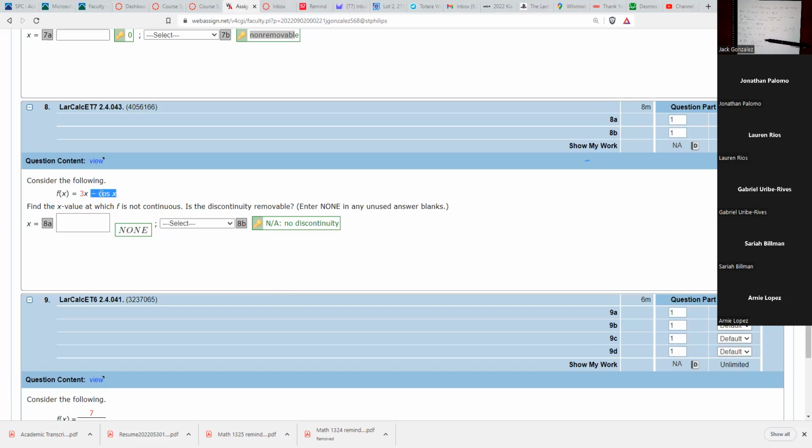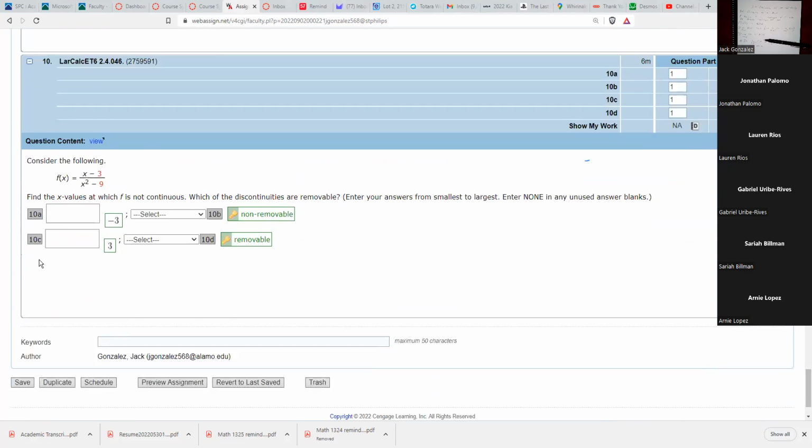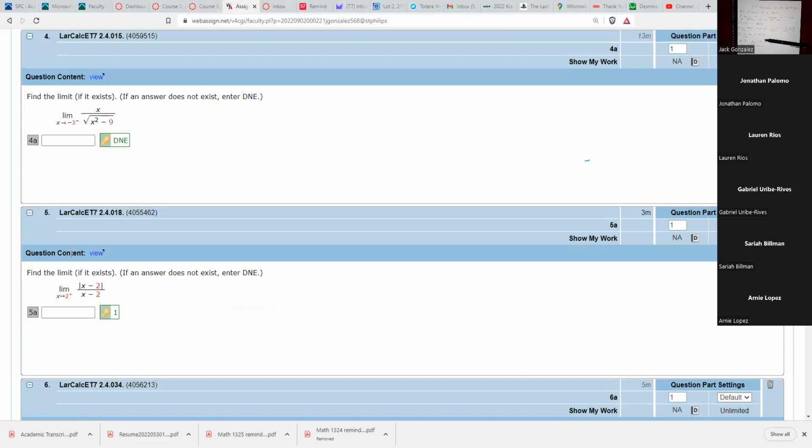You can plug in whatever you want. It's not going to be a problem. And you'll see that on the graph if it's not obvious. So if there's no discontinuity, why would we talk about removable, right? Anyway, that's the general idea and the concept.